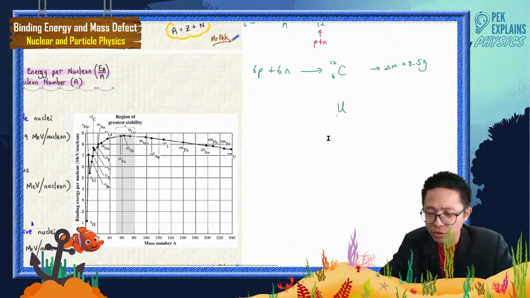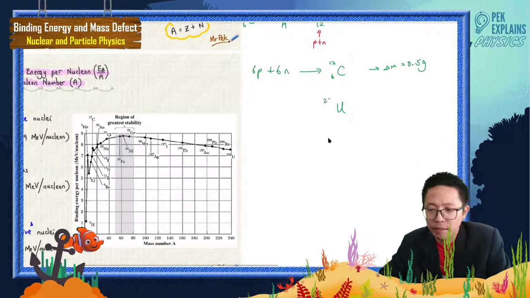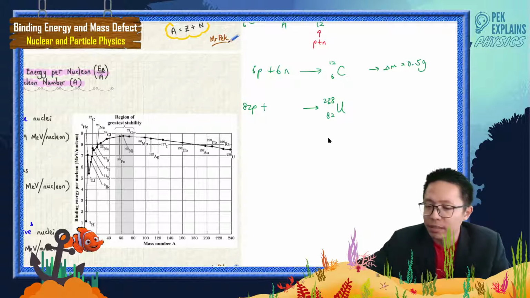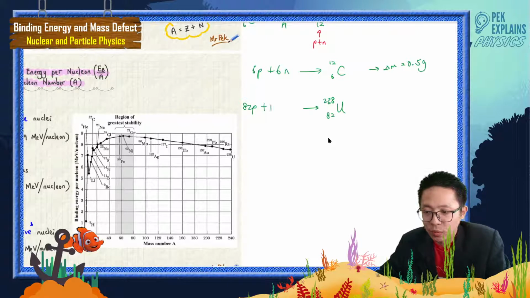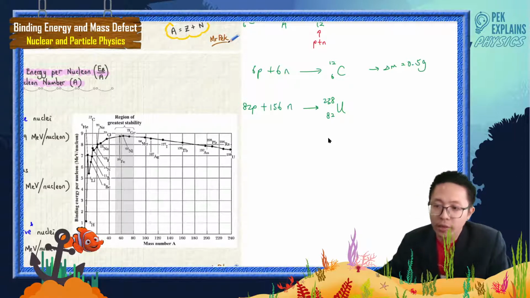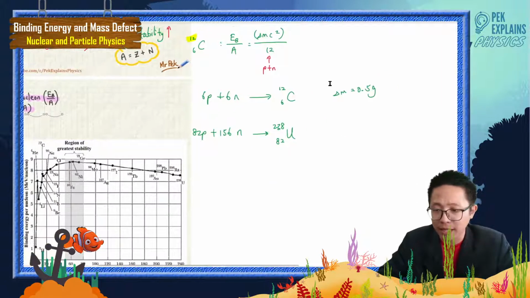I'm not so sure what the proton number is, I think it's around 80, assumption 82. So this will have 82 proton plus how many neutron? Let me calculate: 238 minus 82, there are 156 neutron.